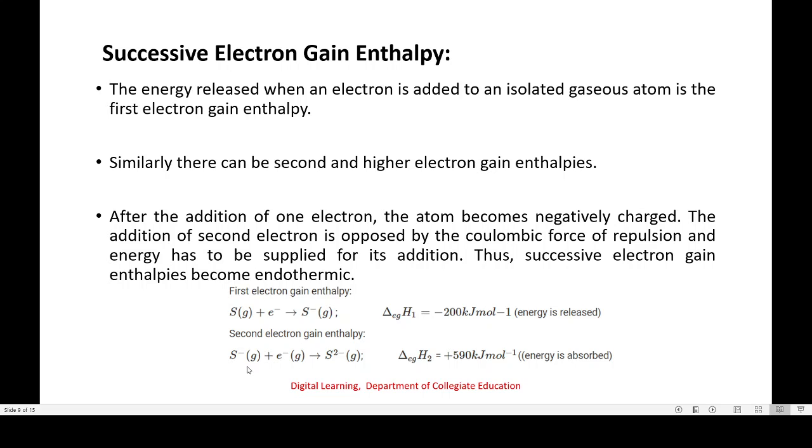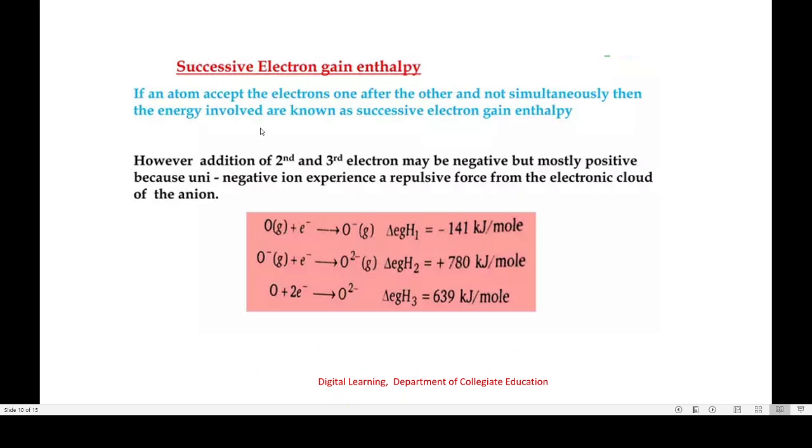When we add the second electron to this anion, there will be a stronger repulsion and hence the second electron gain enthalpy will be higher, or the energy has to be supplied in the case of the second. So in detail, when an atom accepts electrons one after the other and not simultaneously, the energies involved are known as successive electron gain enthalpy.